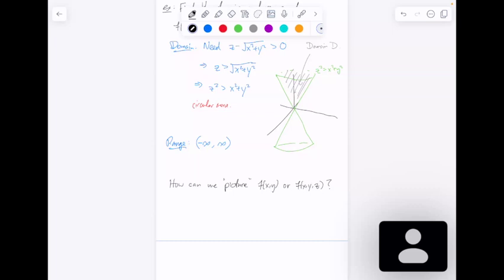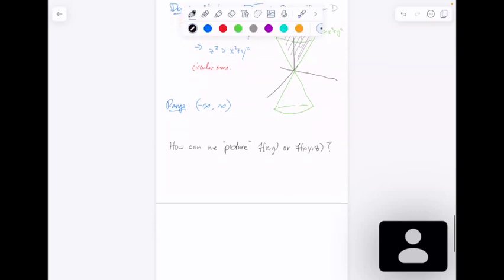Now, there's an issue here. If we just focus on the two variable case, f of x, y, we're still able in certain cases to graph out what this looks like.